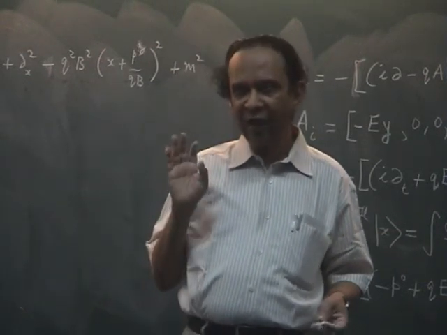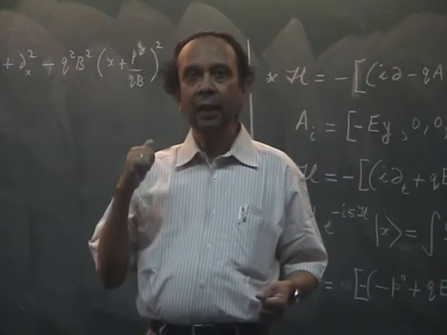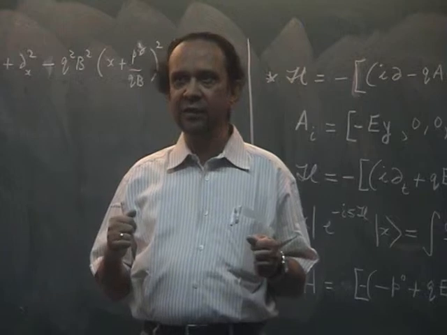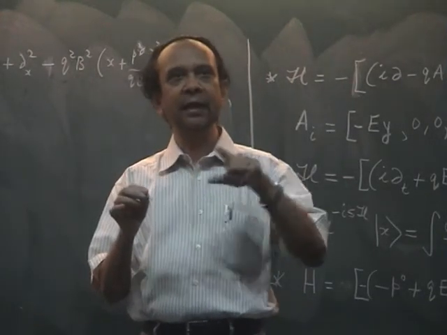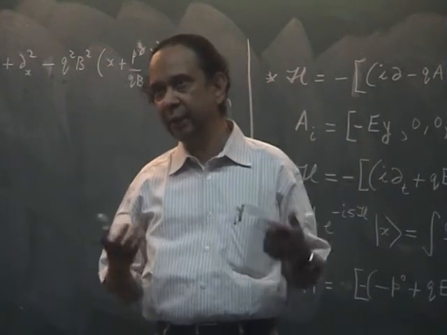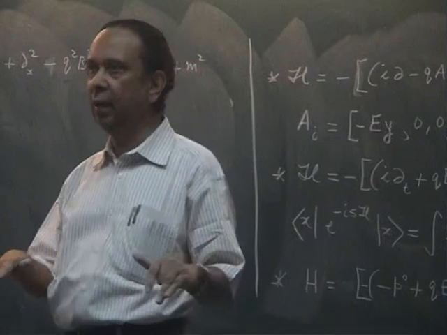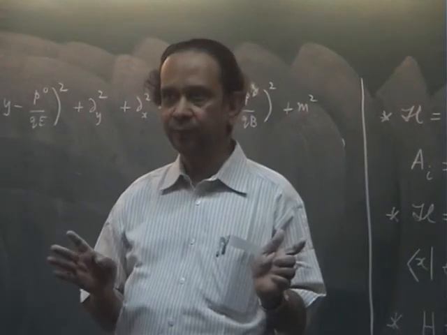Now you can also roughly see, and that is why I was emphasizing that, the inverted oscillators are in some sense unstable. If I have an inverted oscillator and I put a particle somewhere, the particle will run away to infinity, so to speak. It has no lower bound in the Hamiltonian, while the normal oscillators are stable.